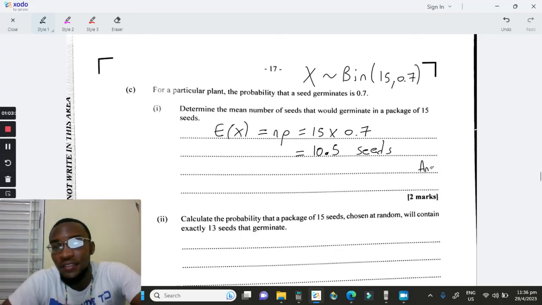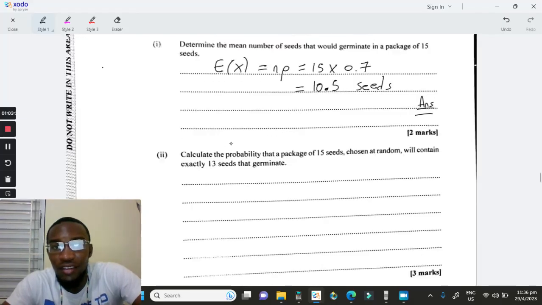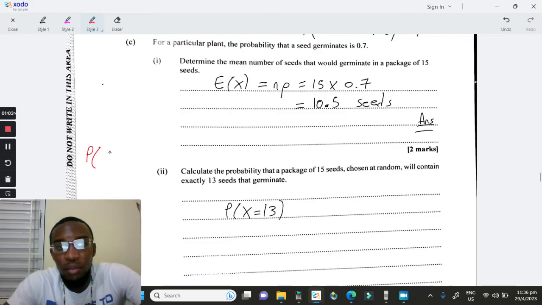Easy. Now part 2 says calculate the probability that a package of 15 seeds chosen at random will contain exactly 13 seeds. So we need to find the probability X equals 13. Remember the formula for binomial: the probability of X equal to a is n choose a, p to the a, q to the n minus a.